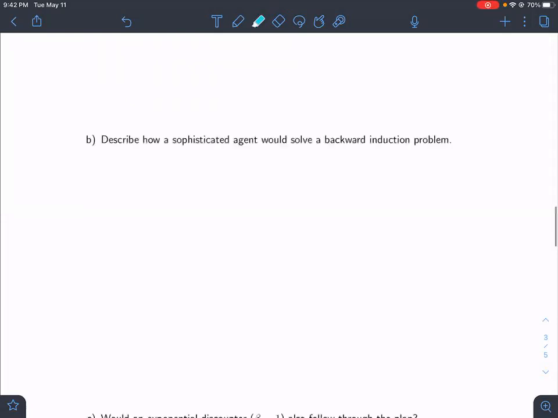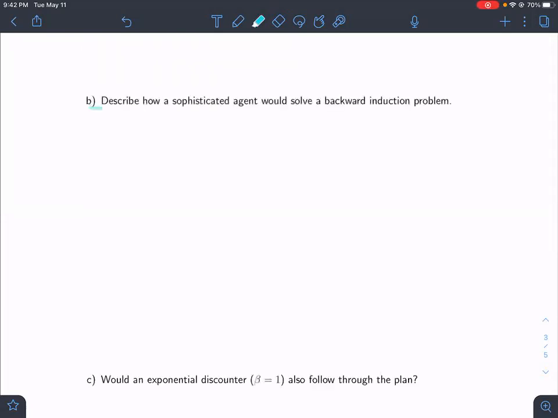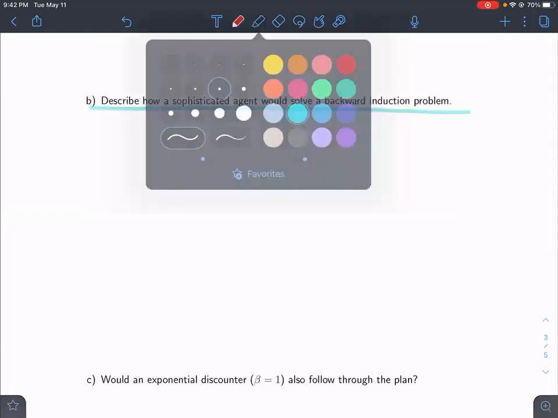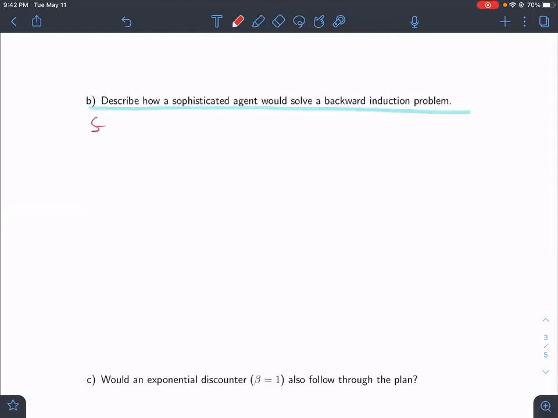So let's see. Describe how a sophisticated agent will solve a backward induction problem. So how do we solve this? Step 1, we think about how the guy on day 2 will solve the problem. So maximize C2, C3, log of C2 plus beta delta log of C3, subject to C2 plus C3 equals what is left from C1.